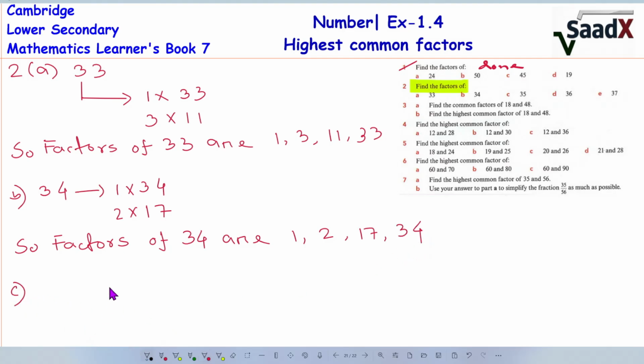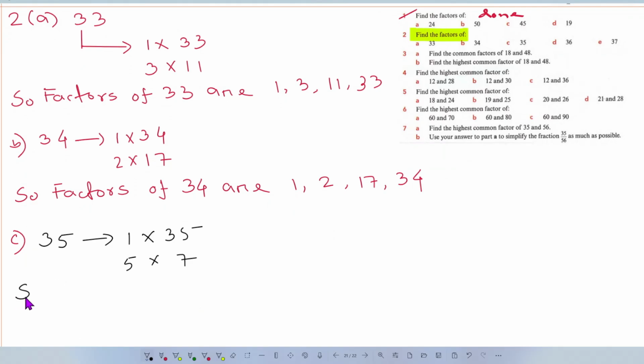Number C, we will find the factors of 35. 1 times 35, then 2, 3 is not possible, then 5 is possible, 5 times 7 is 35. So the factors of 35 are 1, 5, 7, 35, right?